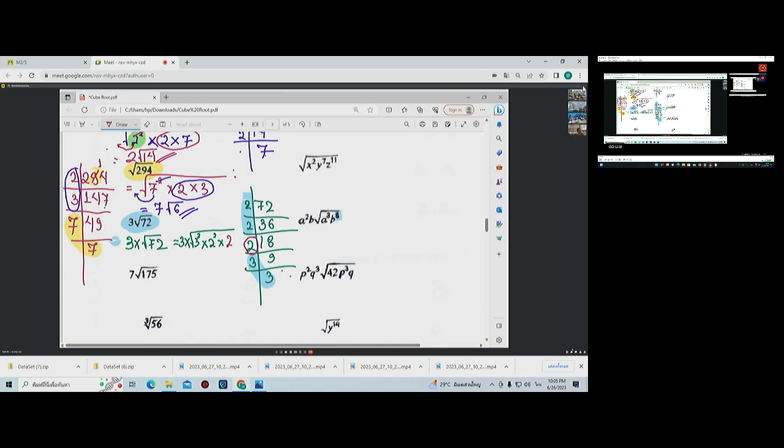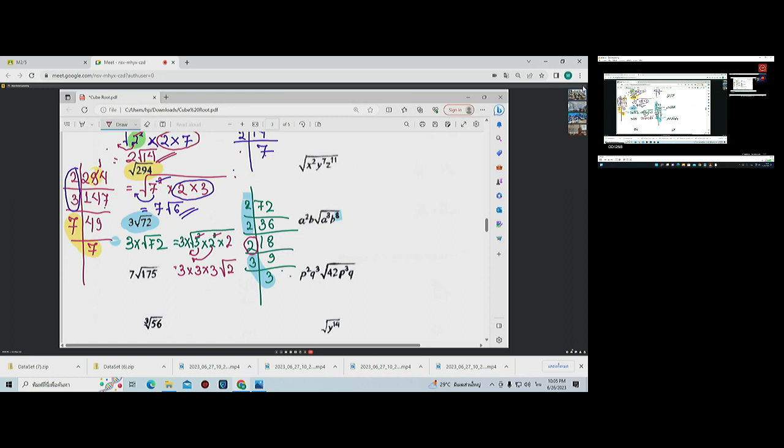No square. If they have a square, we can come out. So outside we have 3, times. Now this 3 and 2 come outside, and this root remains as root 2.